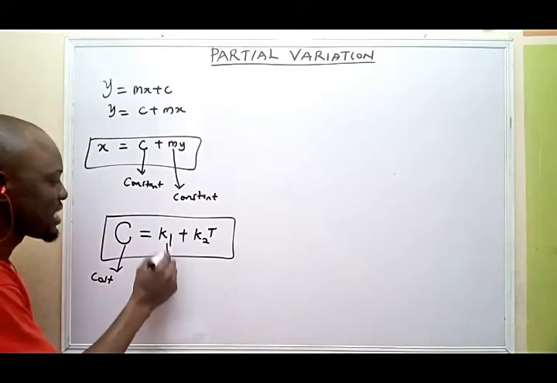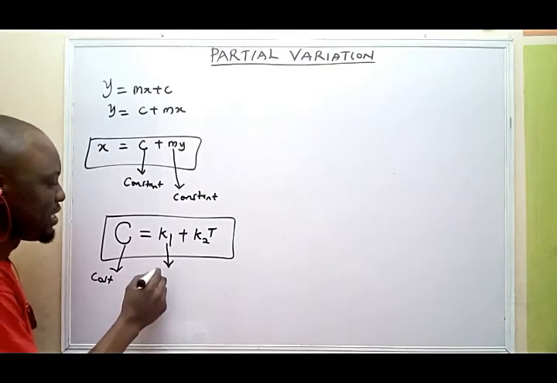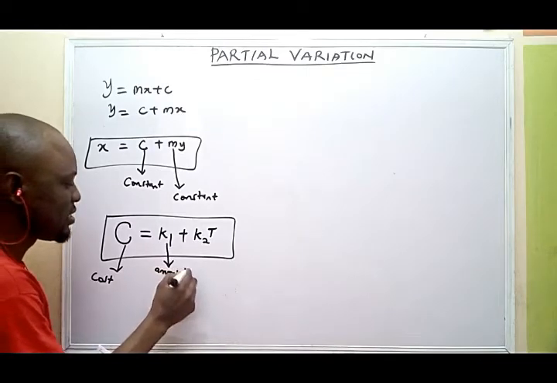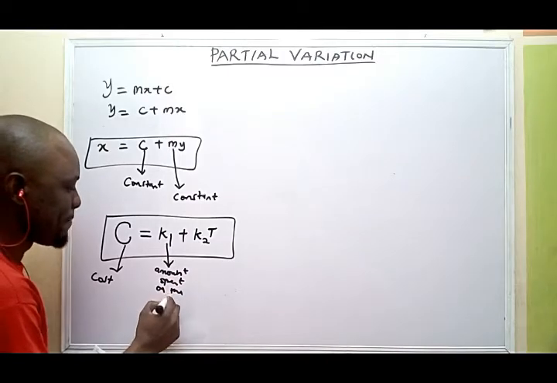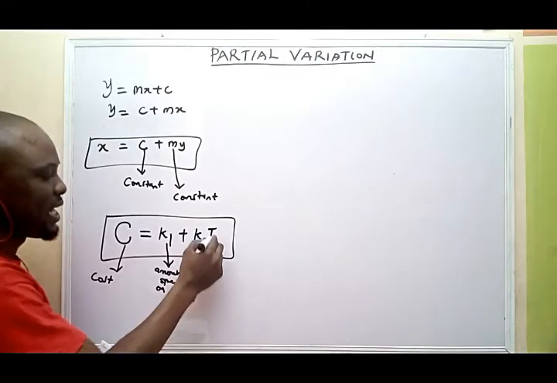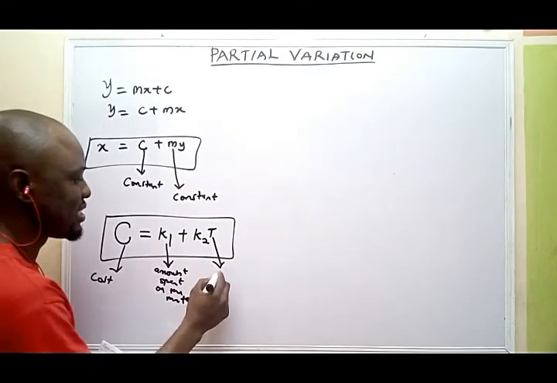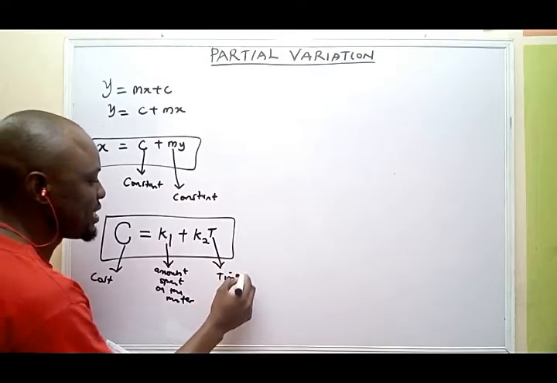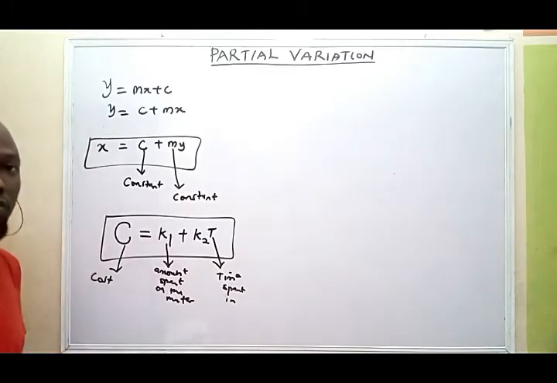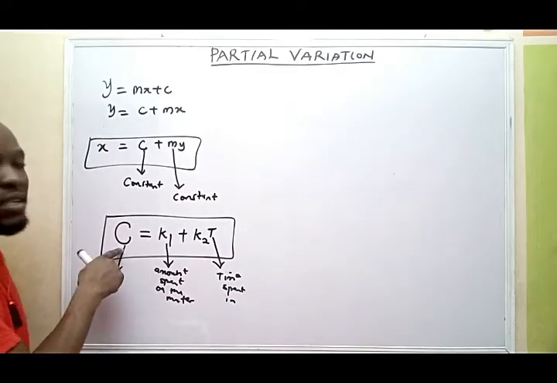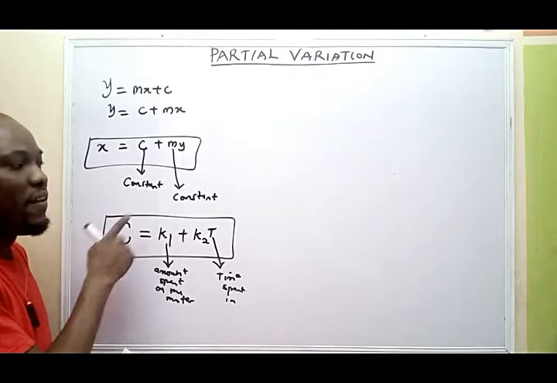This partly constant represents the amount spent on the material, and this T means the time spent in making the dress. So that will give us the cost of making that dress.